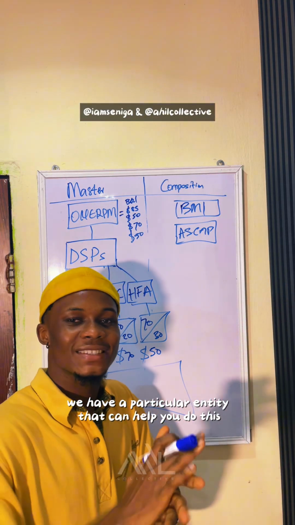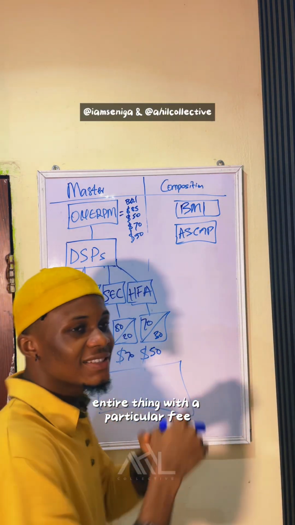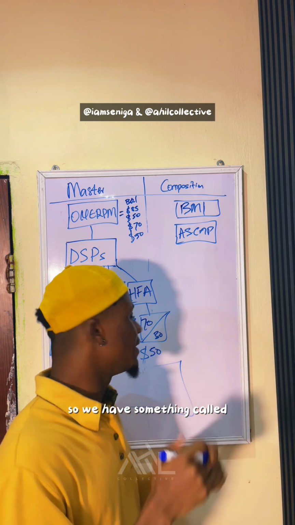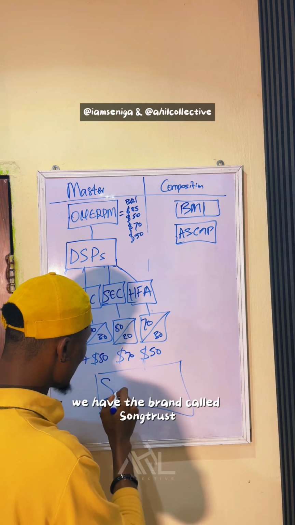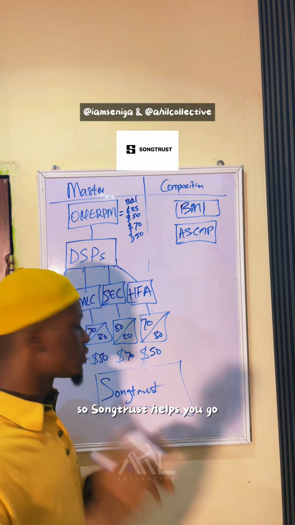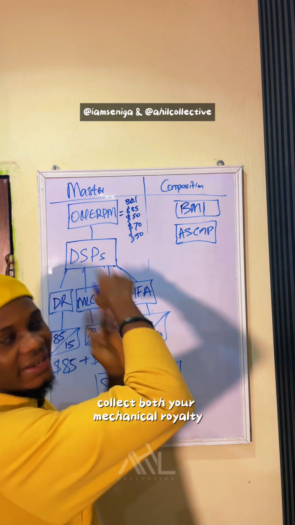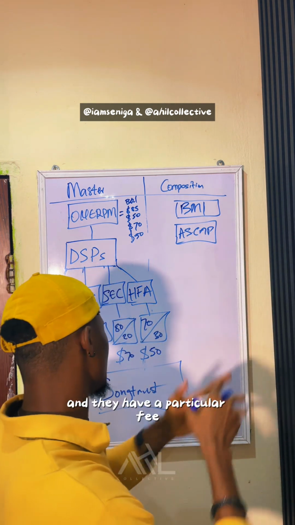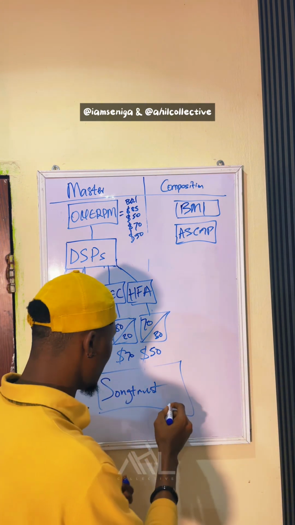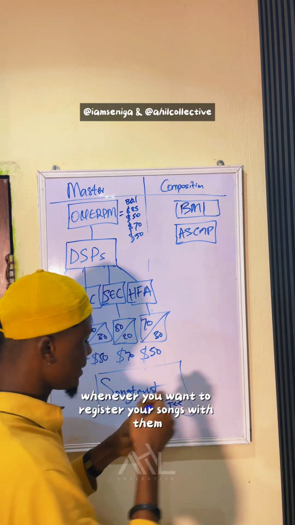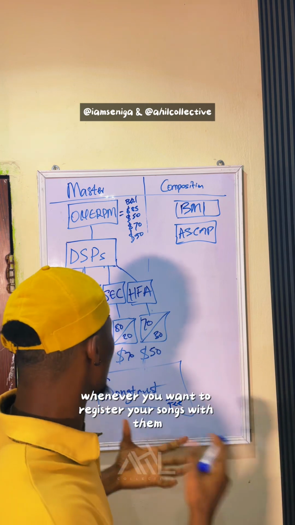Lastly, we have a particular entity that can help you do this entire thing with a particular fee. We have the brand called Songtrust. Songtrust helps you collect both your mechanical royalty and your publishing royalty, and they charge a particular fee whenever you want to register your songs with them.